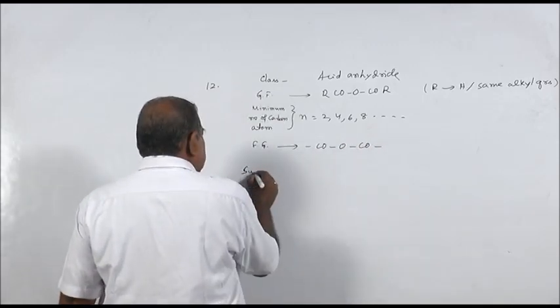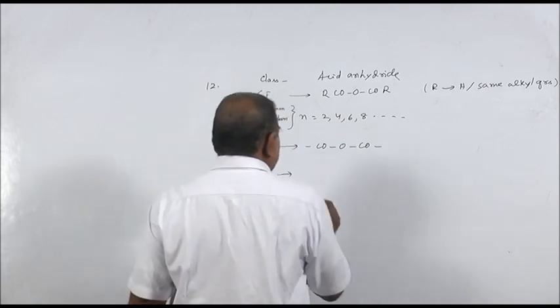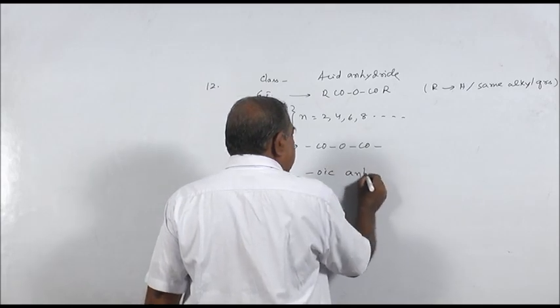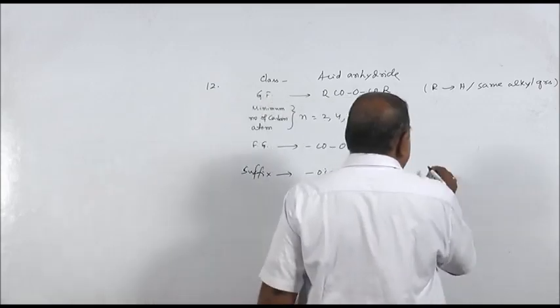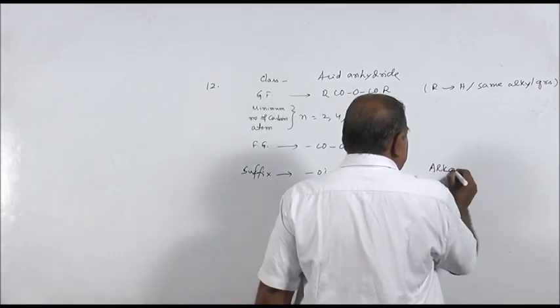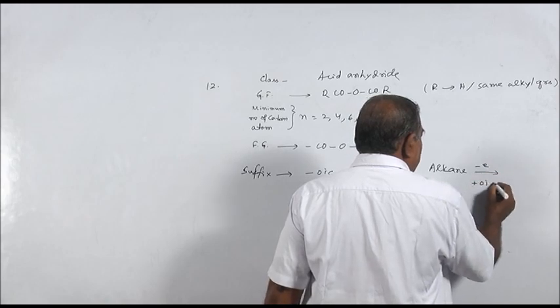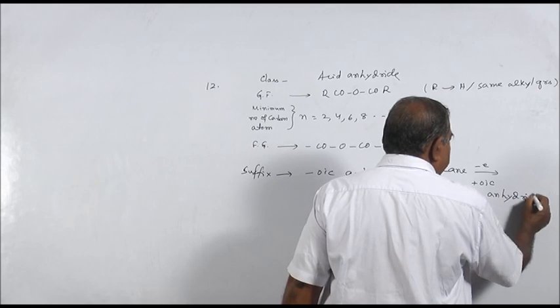Now it has a suffix also, that is oic anhydride. That means from alkane you replace the E by oic, and then anhydride.